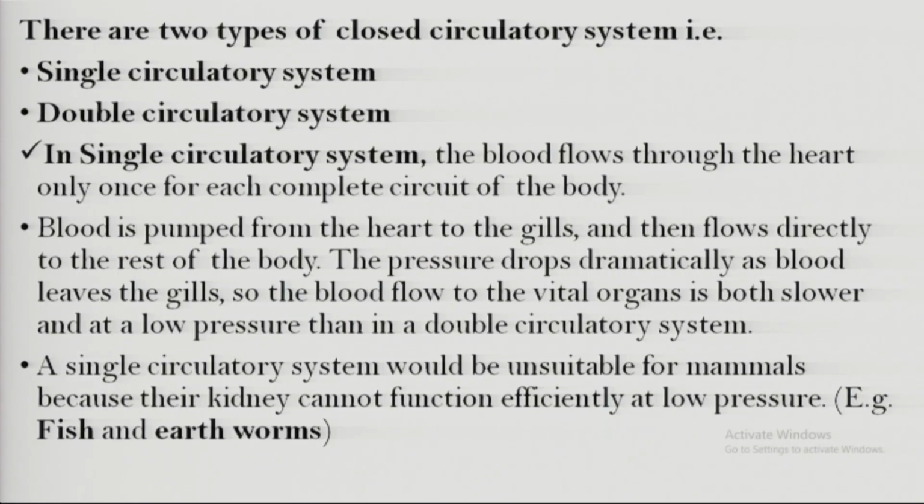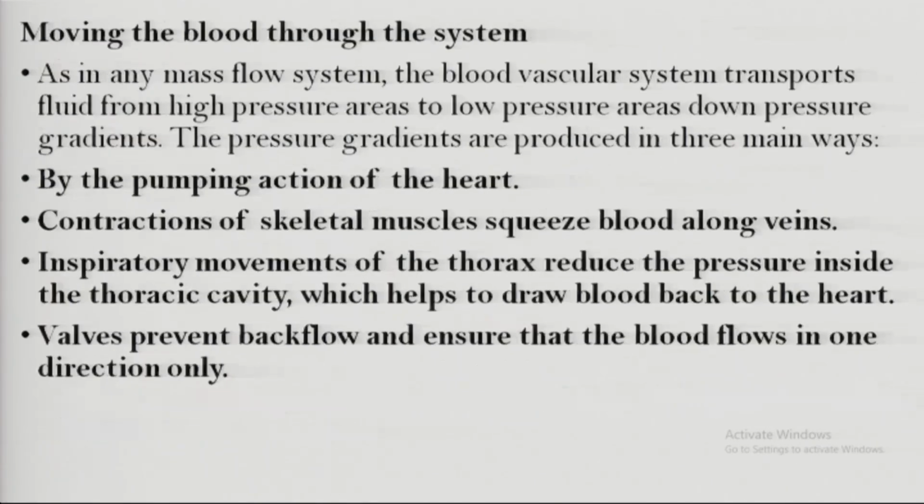It is single because the blood is going to pass once into the heart. This single circulatory system is normally found where? In the fish, where the blood has to pass once into the heart. And then you have double circulatory system, where the blood passes twice into the what? Into the heart. That's a double circulatory system.